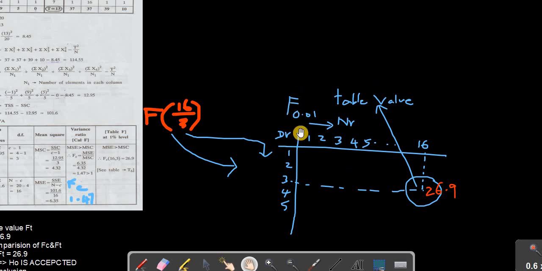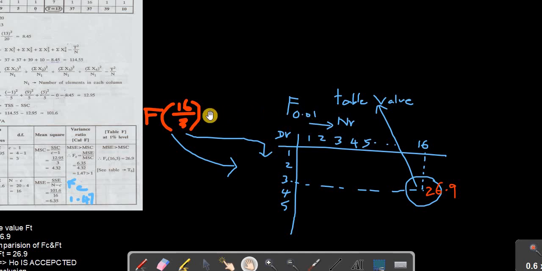In this particular table, there would be a vertical line like this and a horizontal line like this. In the horizontal line, the degrees of freedom will be given: 1, 2, 3, 4, 5, 6, 7, 8, 9, 10 like that. Here also the degrees of freedom will be given on the vertical line: 1, 2, 3, 4, 5, 6 like that.